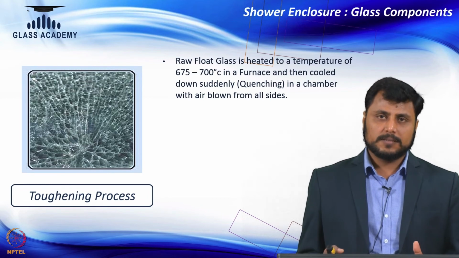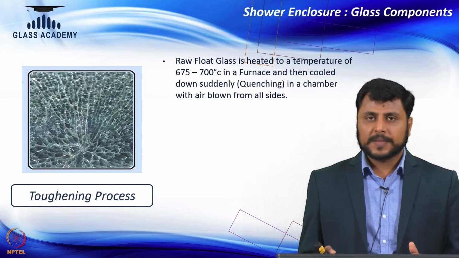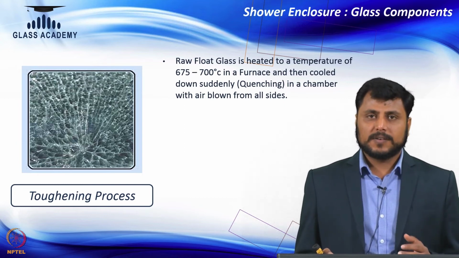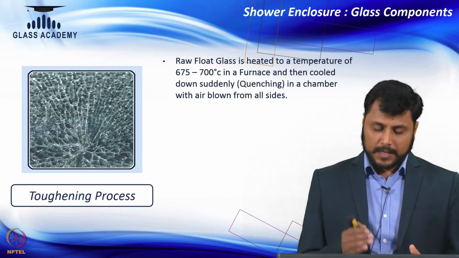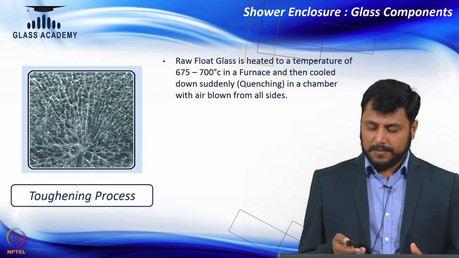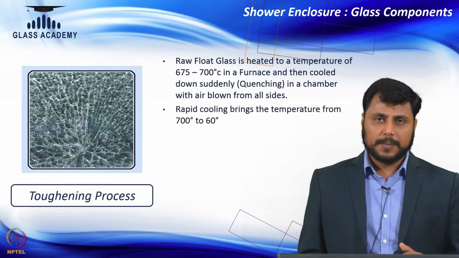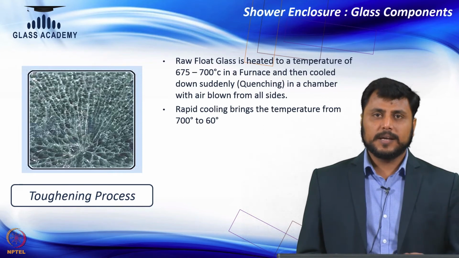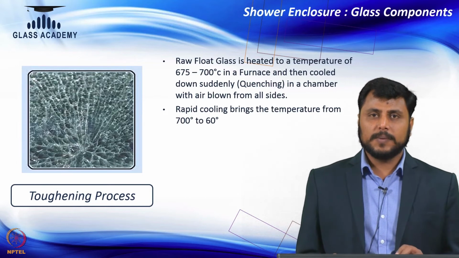We put the glass in a furnace maintained at around 675 to 700 degrees Celsius. After heating at that temperature, the glass is passed through a quenching chamber, where air comes onto the glass at high pressure and brings the temperature from 700 degrees Celsius to 60 degrees. So the heated glass is suddenly cooled down.